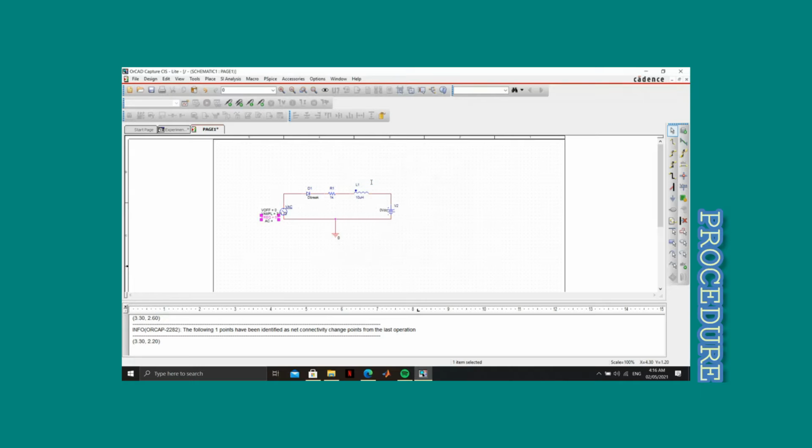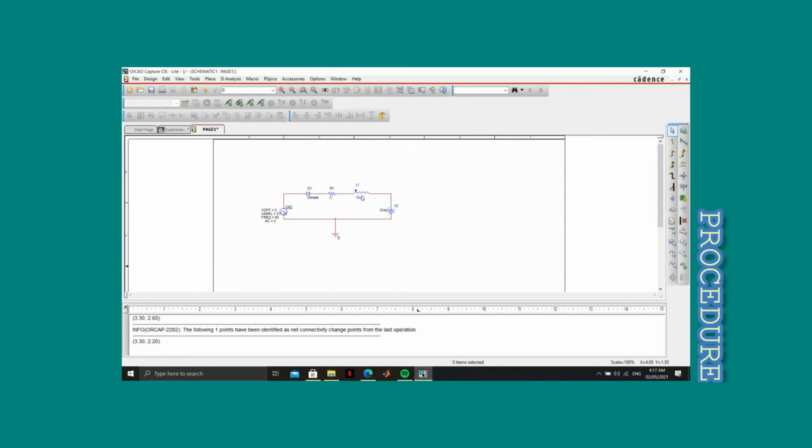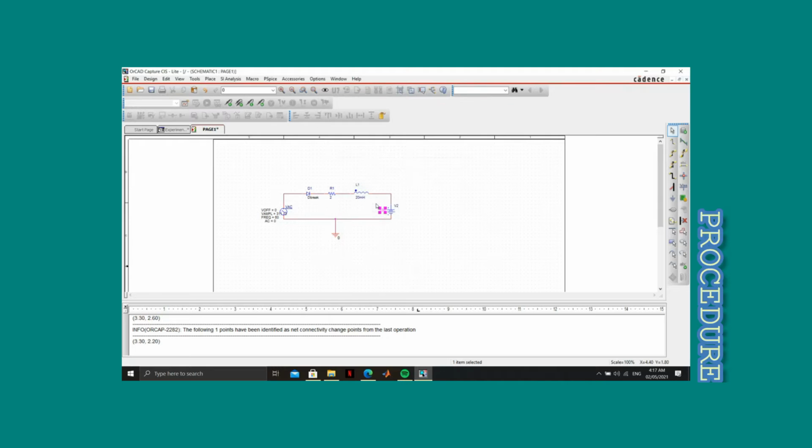Frequency is 60 Hz. AC is 0. D break for the diode, and resistor will have 2 ohms, while our inductor would have 20 millihenries, and our DC voltage source would have 100.